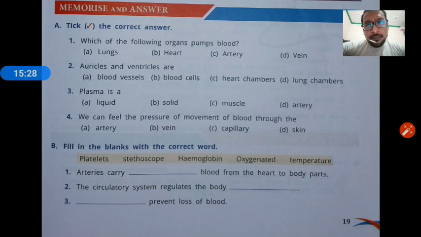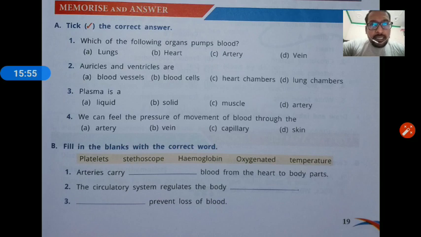If you know the artery, in the artery the blood flows with high pressure because this is carrying the oxygenated blood which has to be supplied to all parts of the body. So this is the answer, artery. So number 4, answer is A.